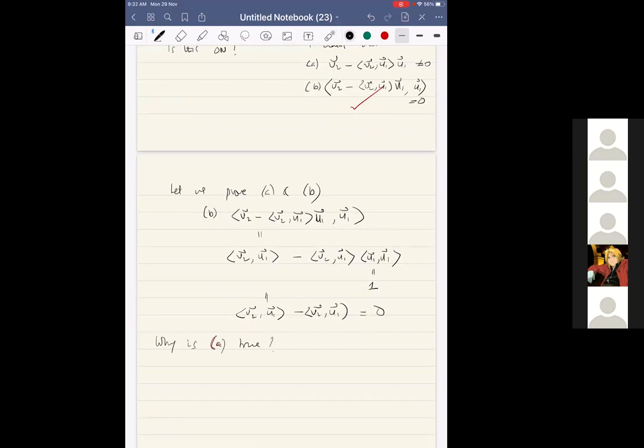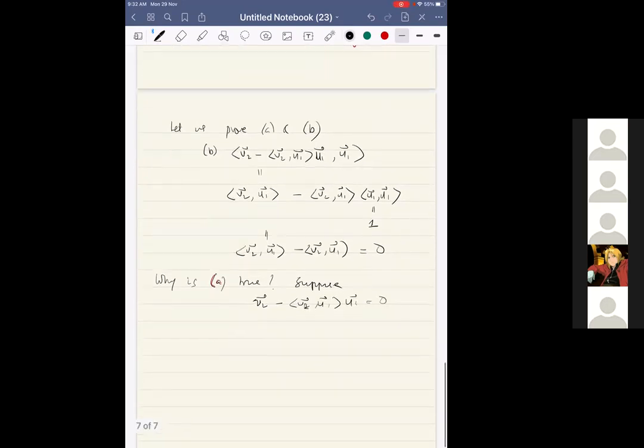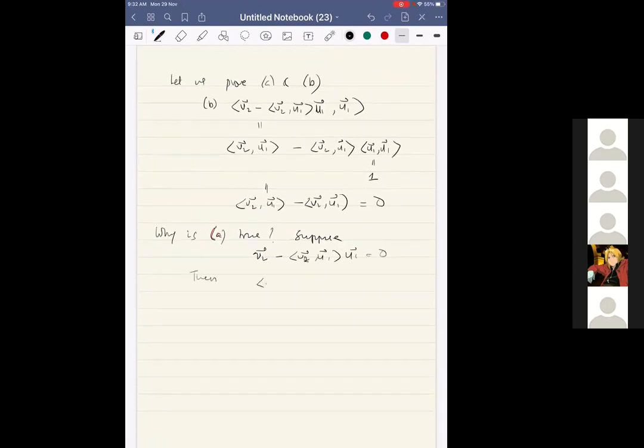Suppose V2 minus V2 U1 is 0. Then V2 equals V2 U1, which is V2 over V1 squared.